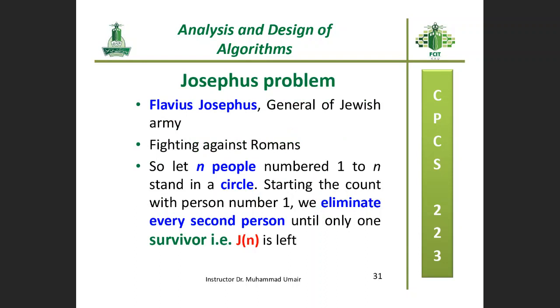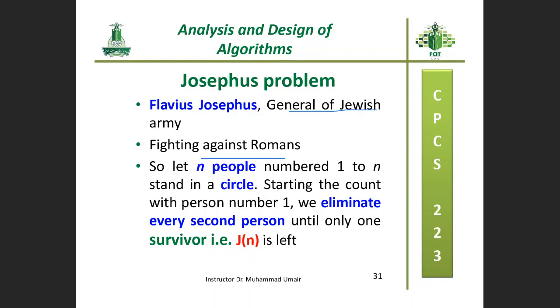invented by a Jewish army general whose name was Flavius Josephus. They were actually fighting against the Romans, and after fighting and losing the war, they were trapped in some place in a jungle. He was a very intelligent person.